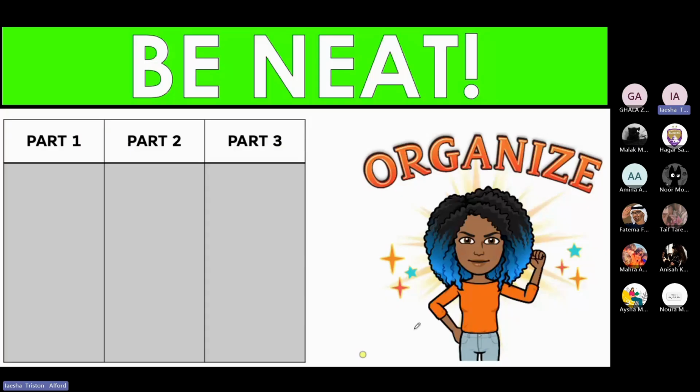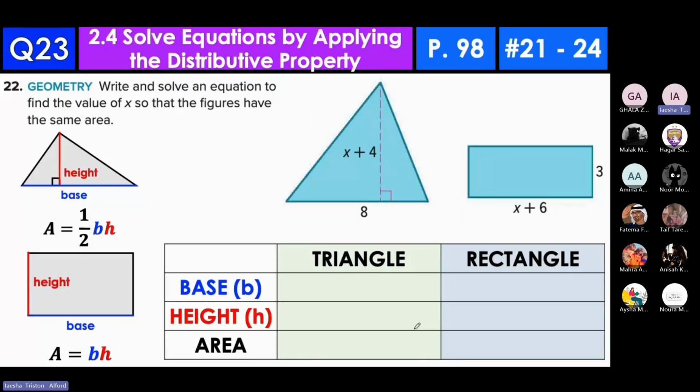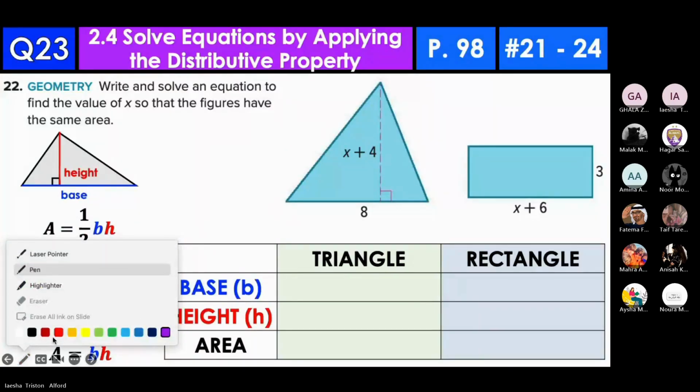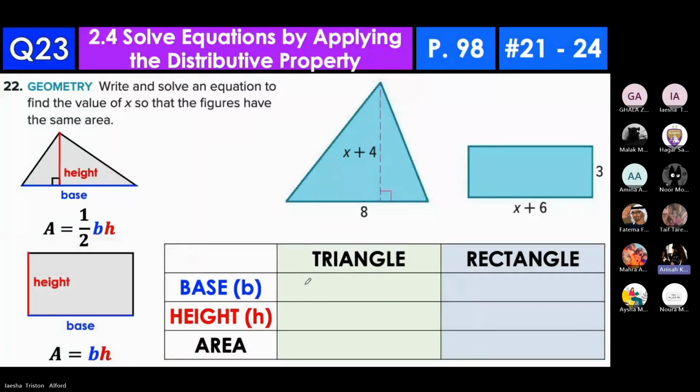Okay, but according to the Heikel, they want to know about the area. So this one, I didn't get to animate it. So I'm just going to write everything down and then we're going to solve these three. If they tell you perimeter, you add.